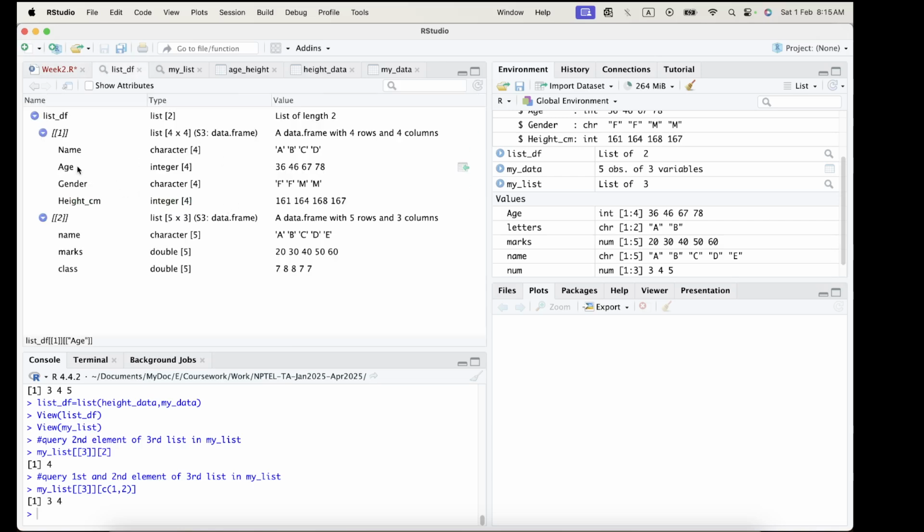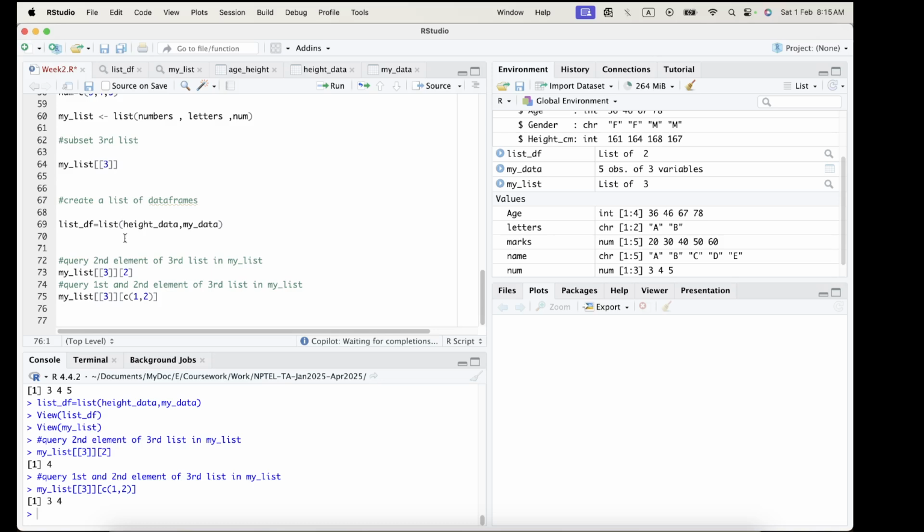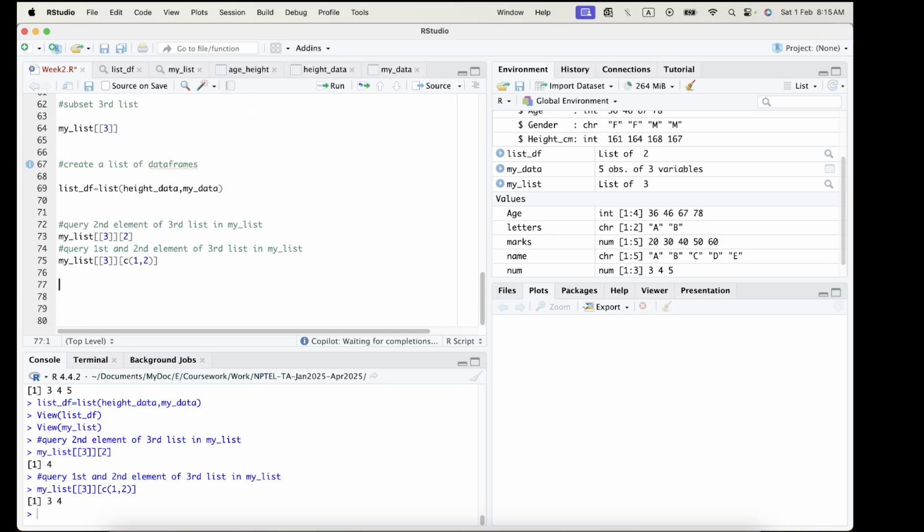Similarly, if I want to query the height column from my list df, this is how the list df looks.